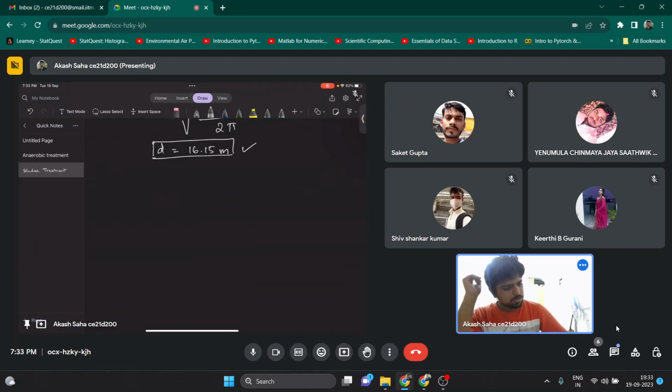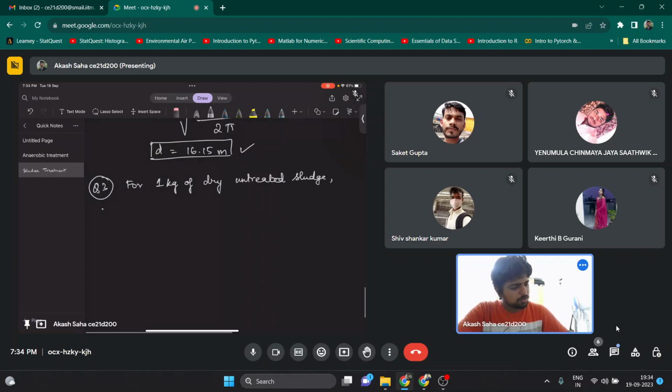So suppose I am taking 1 kg of dry untreated sludge. How much will my fixed solids percent be?